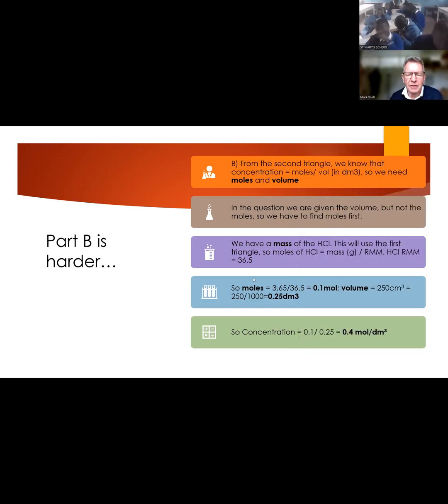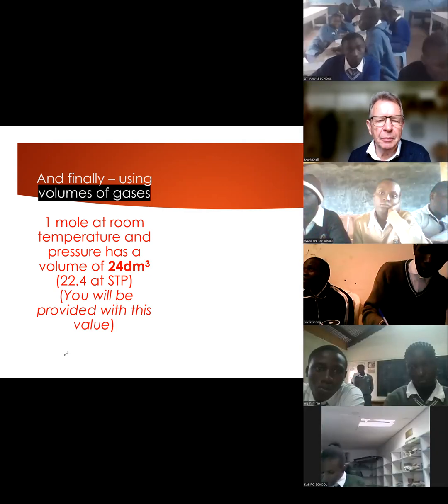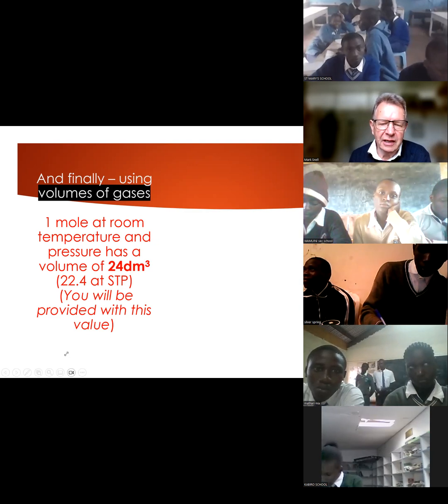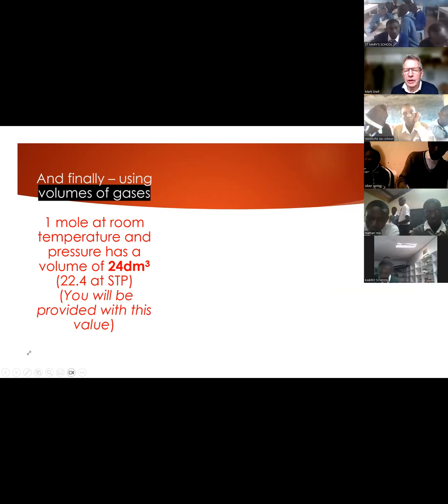Okay, let's move on. So the next one is the volumes of gases one. It's the triangle using gases. Now, a mole of any gas at room temperature and pressure is 24 cubic decimeters. If it's at STP, in other words, 0 degrees Celsius, which is a bit unusual in Kenya, unless you're at the top of Mount Kenya, it is 22.4.